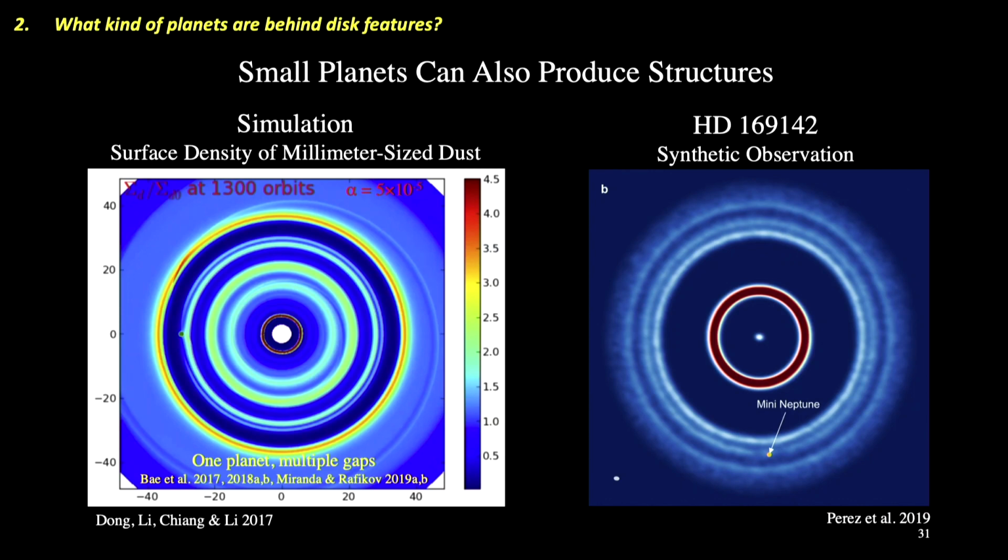Runaway migration, there are two versions of runaway migration that we described in the chapter. One is type 3 migration. It's not in any one of these regimes because technically it could show up in any of the regimes where the planet is massive enough to make a dent in the disk. Type 3 can happen. That's all I can say. I don't actually know which regime it fits into.